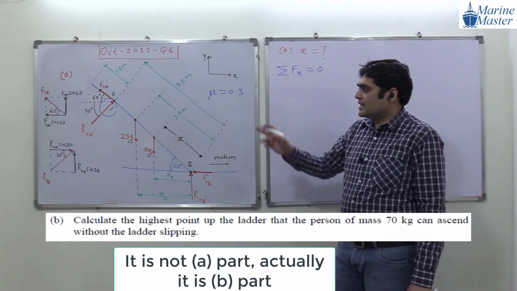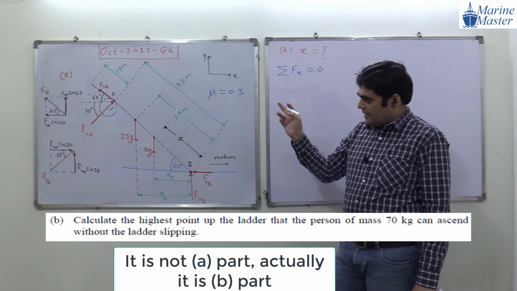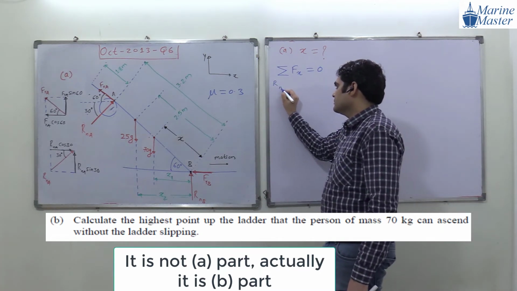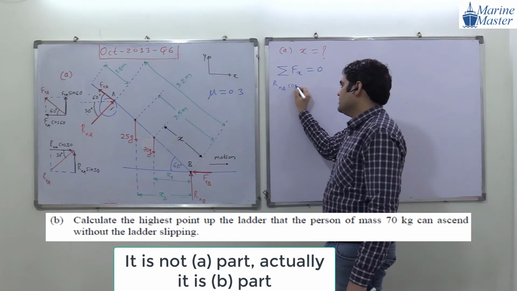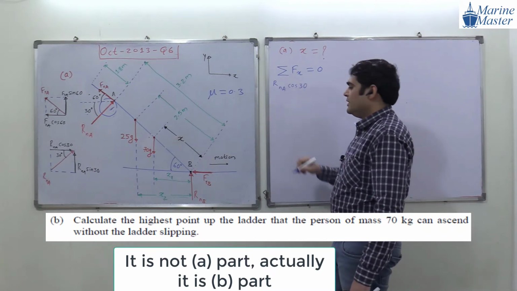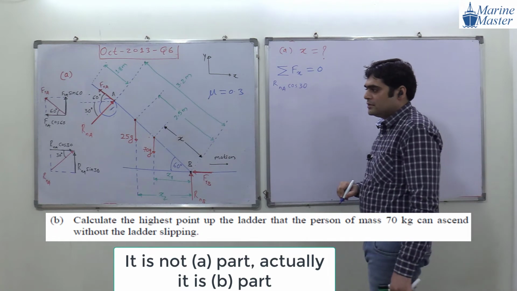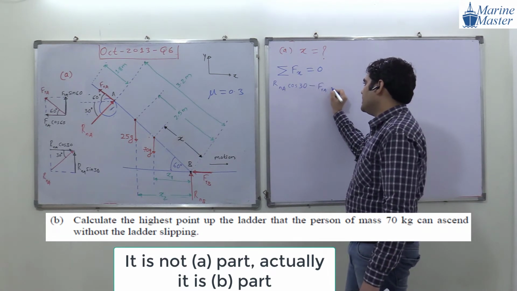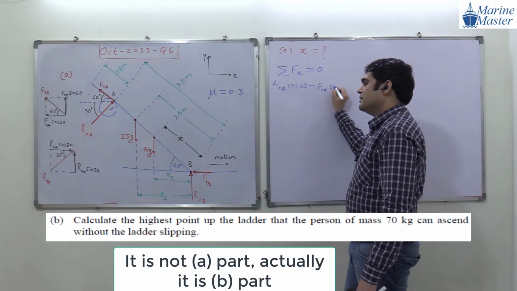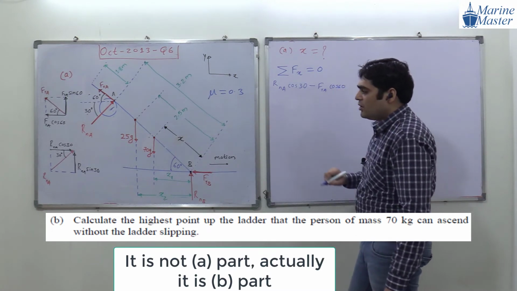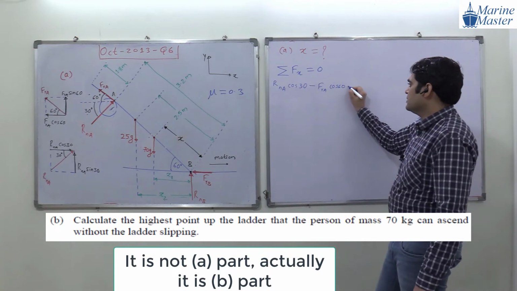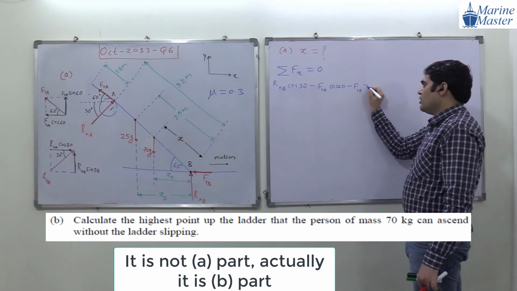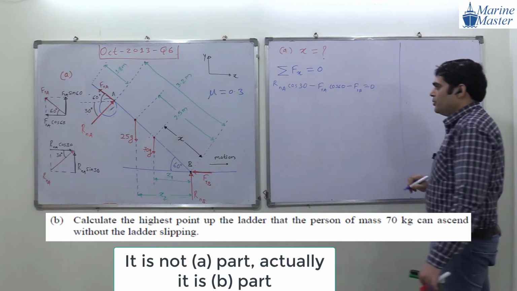First of all, RNA cos 30. Then what will be the next force? Minus FRA cos 60. Then minus FRB. Is equal to 0. See the point here, everyone.